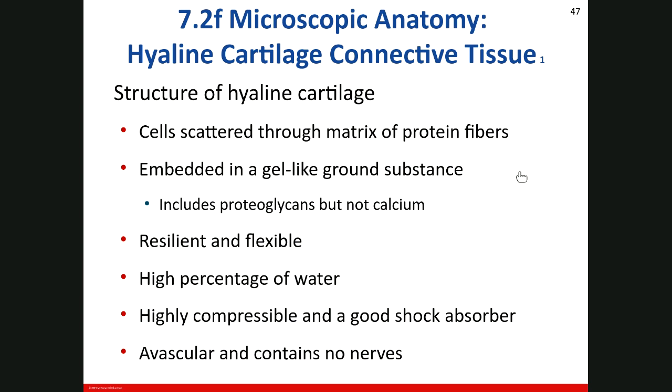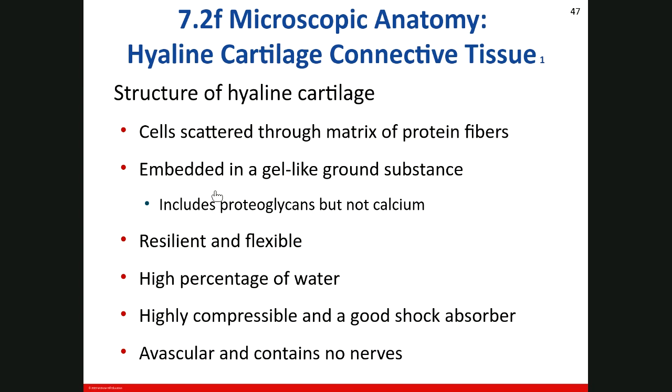The next part is about the hyaline cartilage. The hyaline cartilage is a connective tissue, and it contains cells and matrix. The cells are scattered through a matrix of protein fibers, and we have a gel-like ground substance in the cartilage.